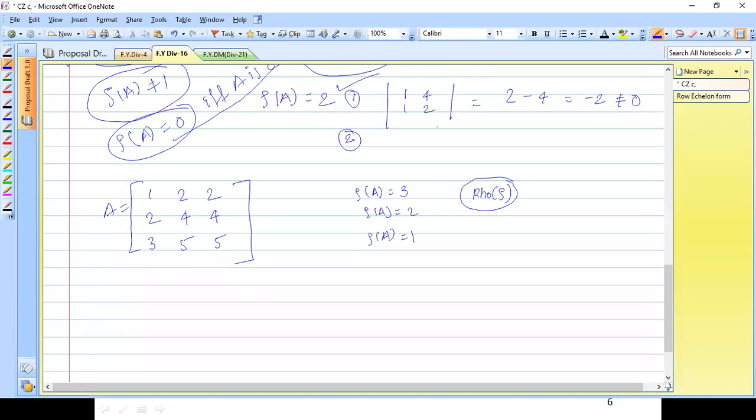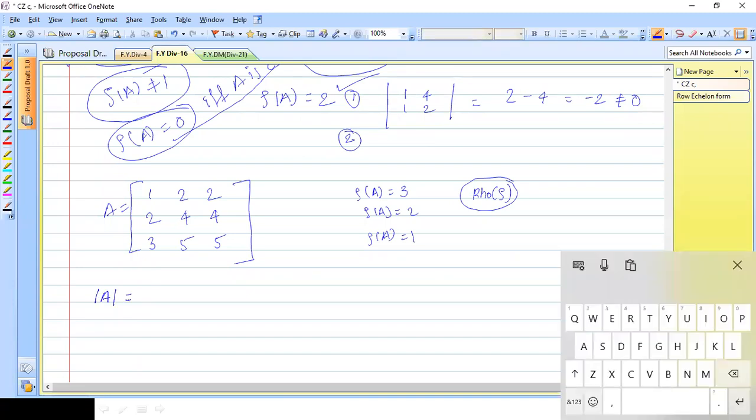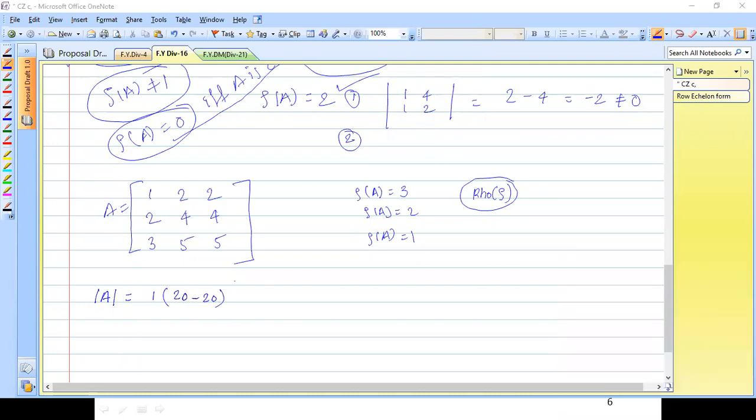For that purpose we need to find the determinant of this. Tell me, what is the determinant? It is 0. I just calculate it: 4 fives are 20 minus 20.